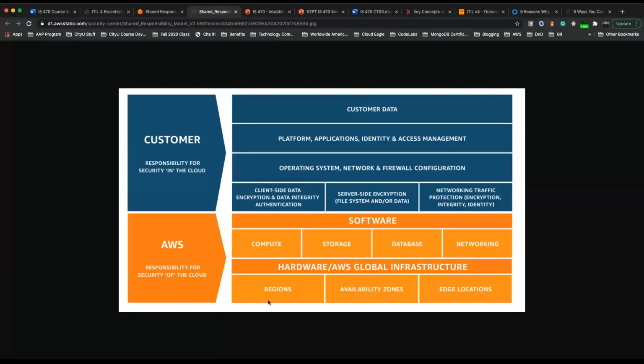But if the organization, which is the consumer, has a relationship with a service provider, in this case it could be Amazon Web Services or Alibaba Cloud, they would have shared responsibility, also known as shared risk.